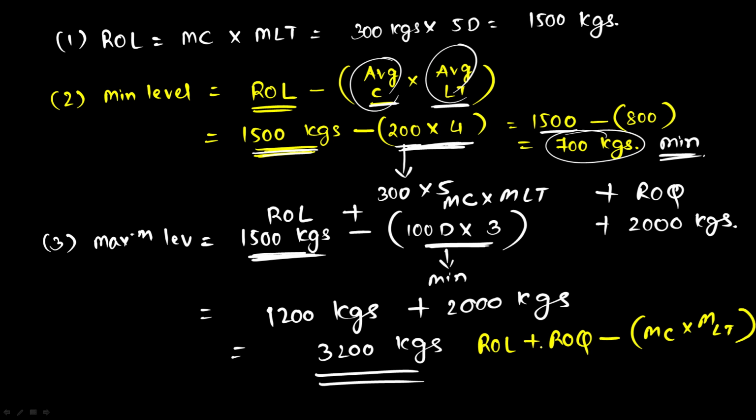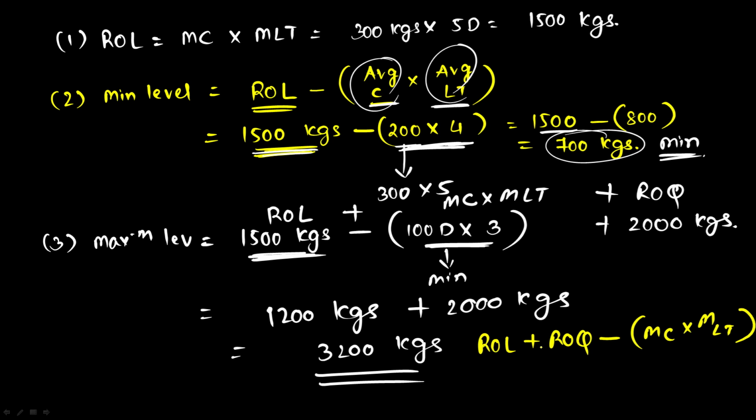So it is logical. Can you tell me in exactly what situation and on which day my stock will be 3200 kgs? If you are reordering at what level? 1500 kgs. What are you reordering? 2000. And in your lead time, there will be minimum consumption and your lead time will also be minimum.